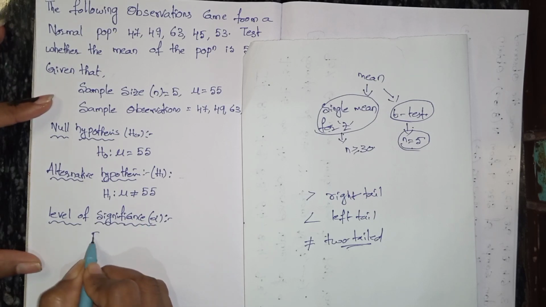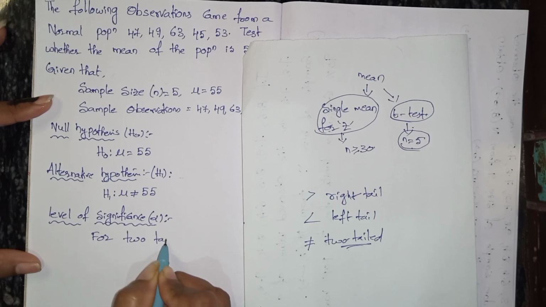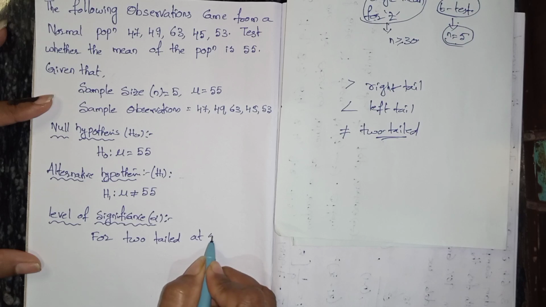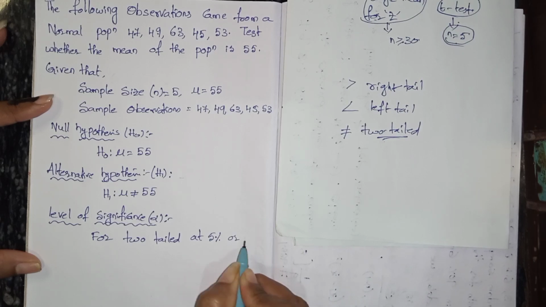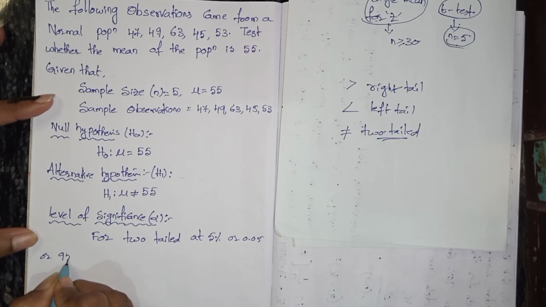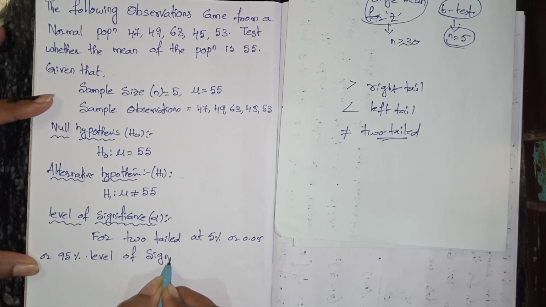Okay, for two tail at 5%, or else we can say 0.05, or else we can say 95% level of significance.